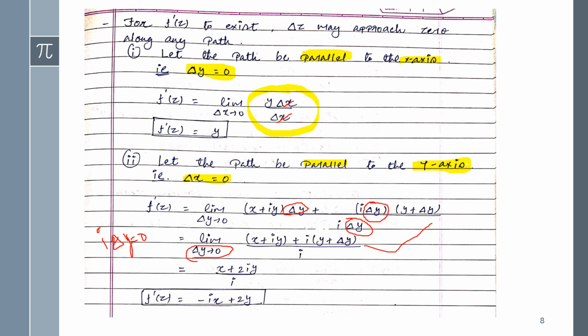Now multiplying i on both sides, numerator as well as denominator, I am multiplying both by i. Thereafter you will get the final term minus ix plus 2y. So this kind of hard term you can solve by applying two parallel lines, one for the x axis and one for the y axis.